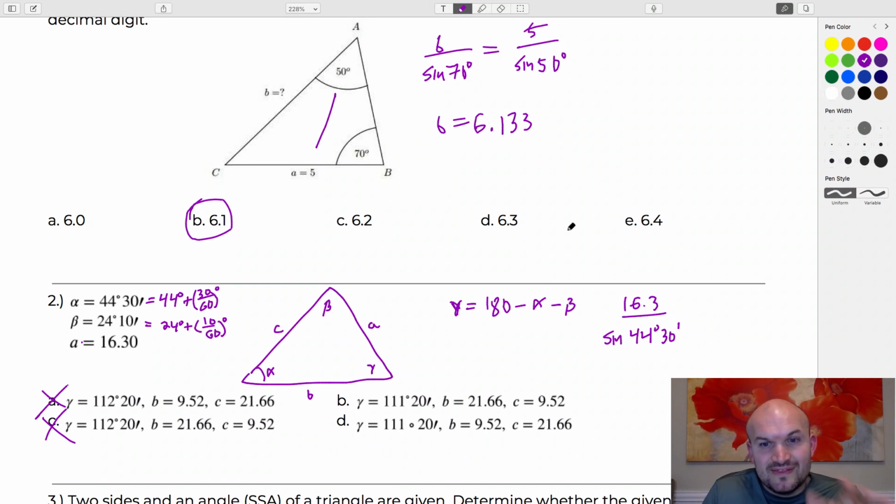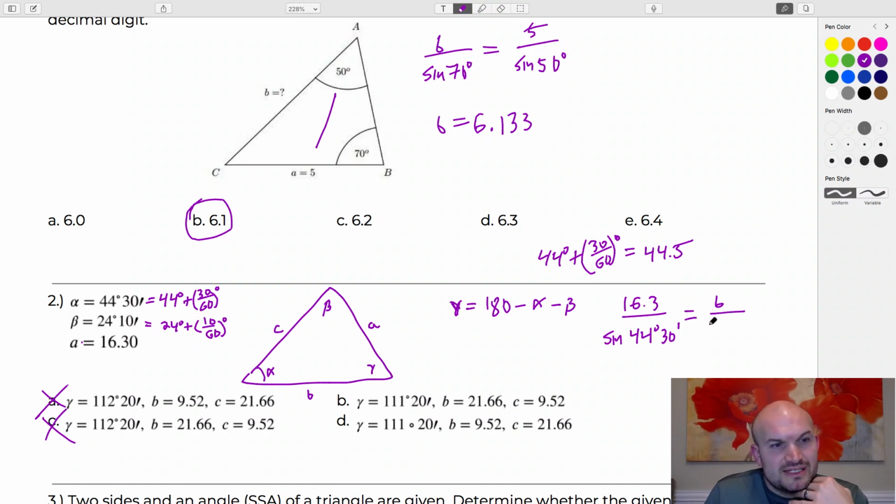Now again, that is the same thing as 44 degrees plus 30 over 60 degrees, so that's just equal to 44.5. Really kind of nice. And that's going to be equivalent to my B, which I need to figure out, all over the sine of beta, which would be the sine of 24 degrees, 10 minutes.